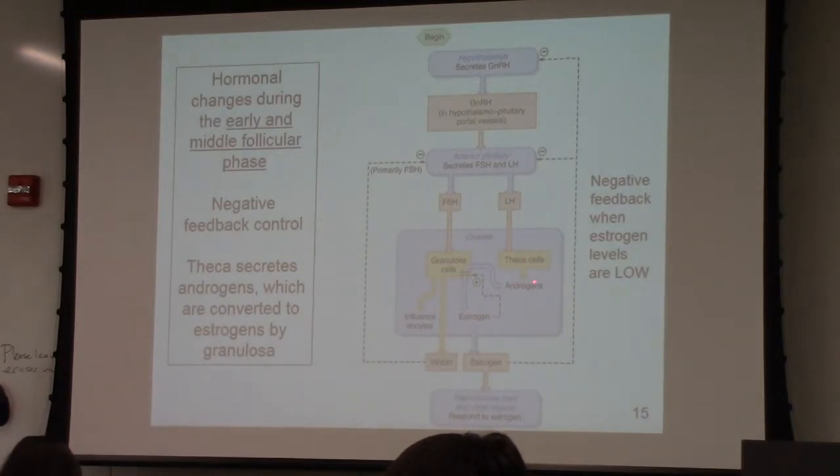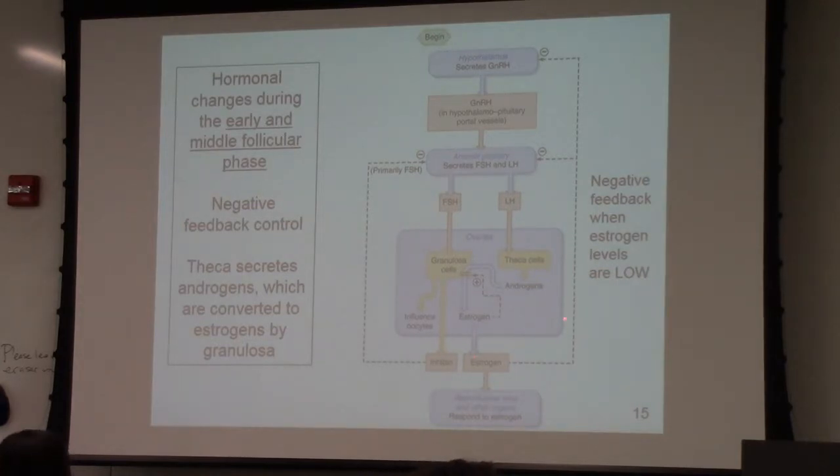The androgens from theca cells are converted by the local granulosa cells into estrogen. And estrogen then circulates throughout the body. Estrogen is going to contribute to the development of all of these cells, as well as to other systemic changes. Okay, so that is the feed-forward story of endocrine changes in the follicular phase.